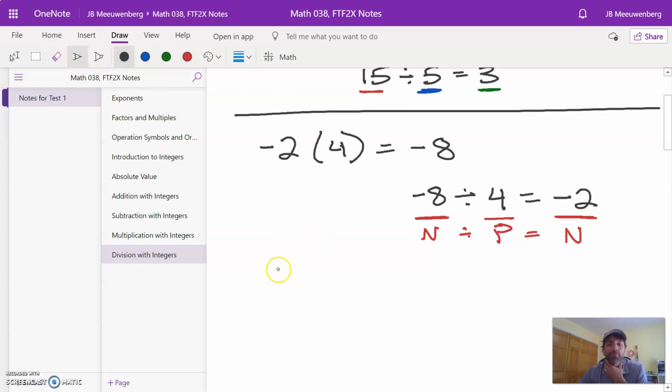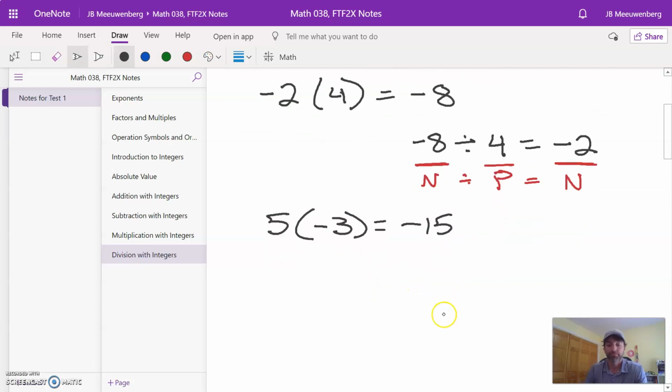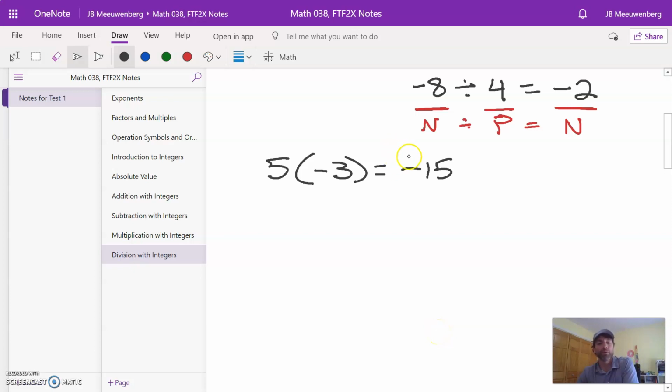Now let's look at a situation like this. Let's say we have 5, and we're going to multiply that times -3. 5 times -3. When we multiply that, again, we have one negative, and so our answer is -15. Let's work this one backward. We take our answer, -15, and divide it by this number, the -3.